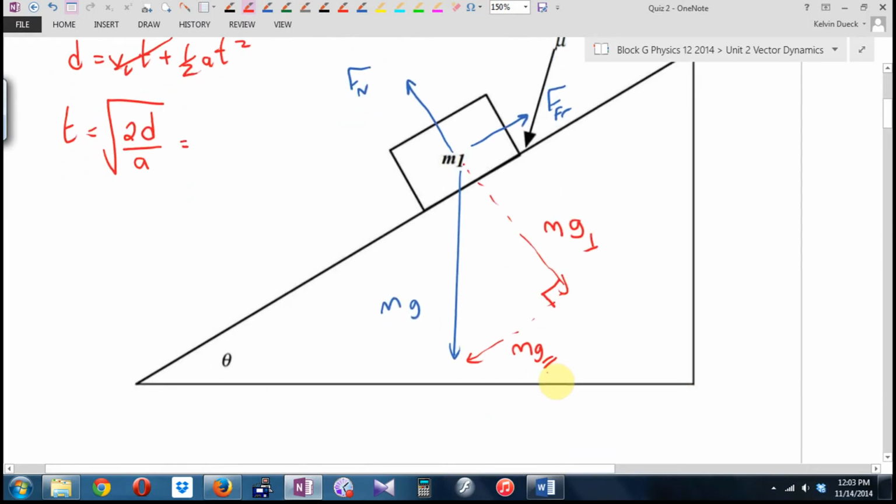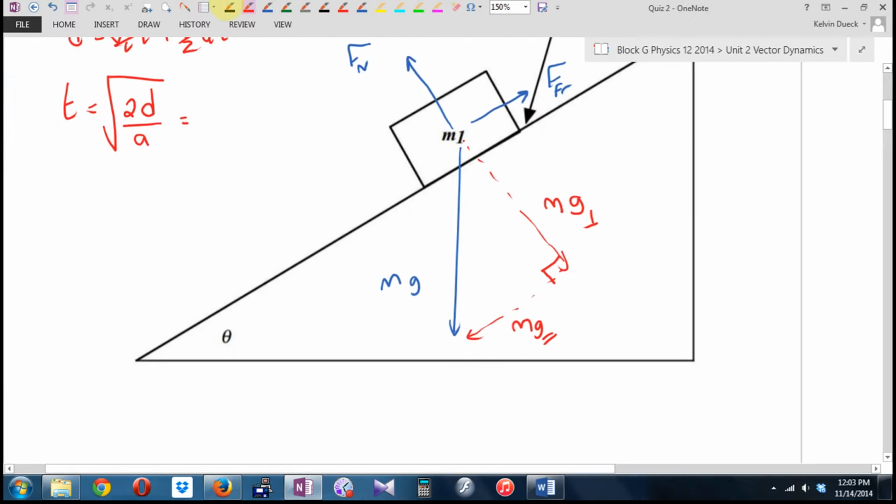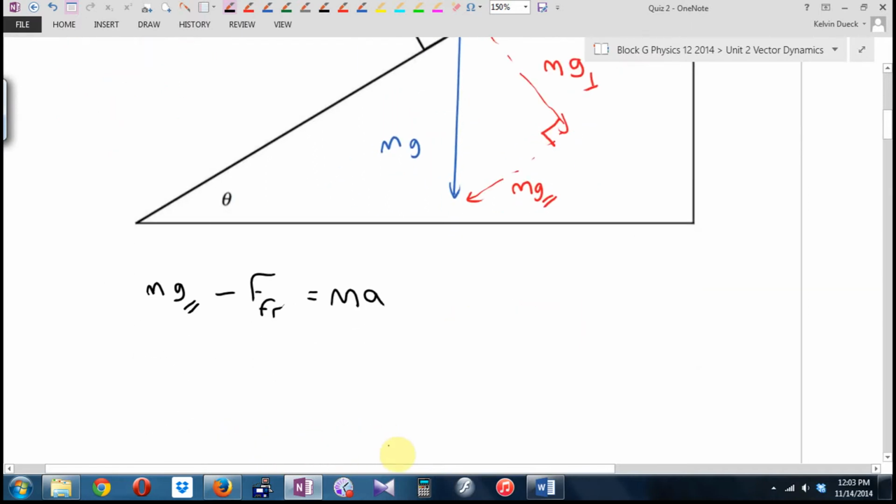Okay, who's winning? If it's sliding down the hill, my equation is winner minus loser equals ma. It's going to be mg sine theta minus friction equals ma.